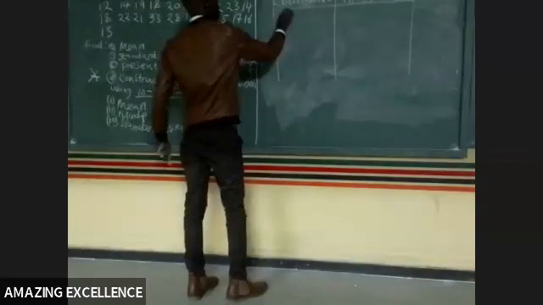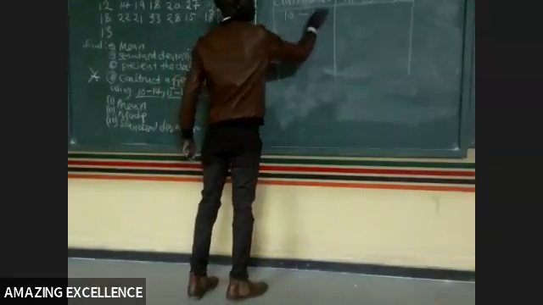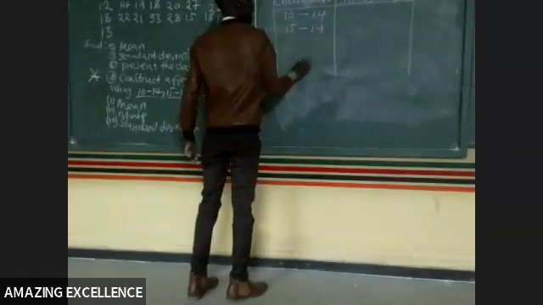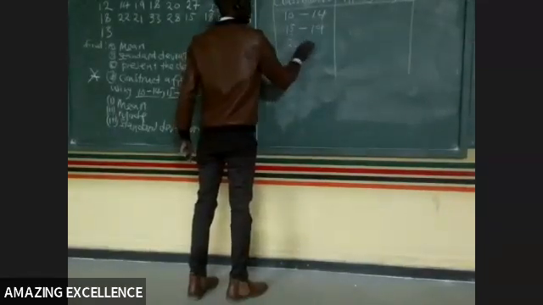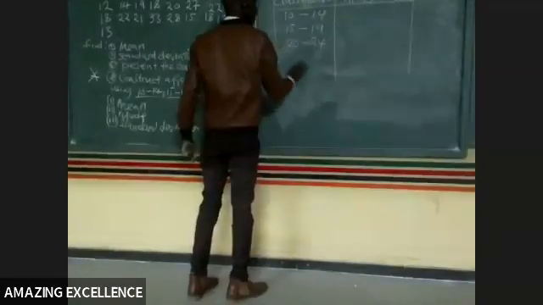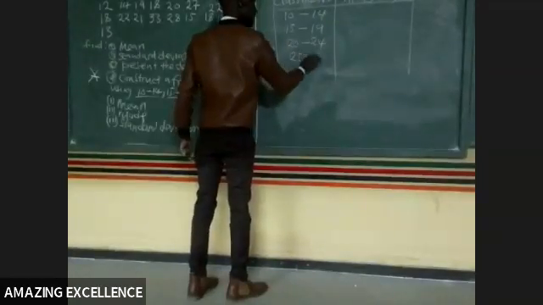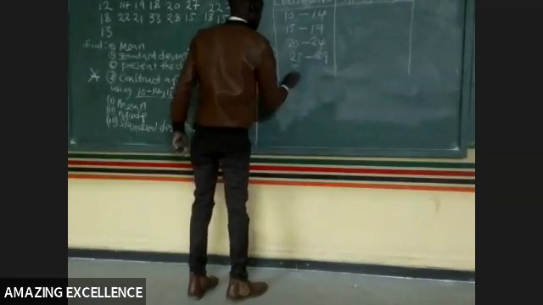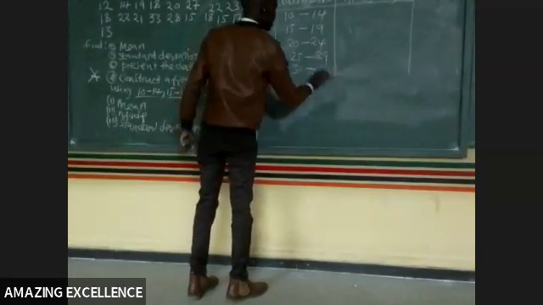And your class interval, the first one is from 10 to 14, 15 to 19, 20 to 24, 25 to 29, 30 to 34. Since we don't have more data, pay attention now.